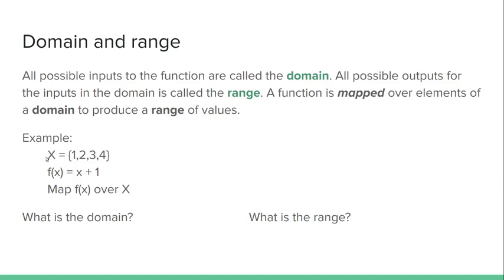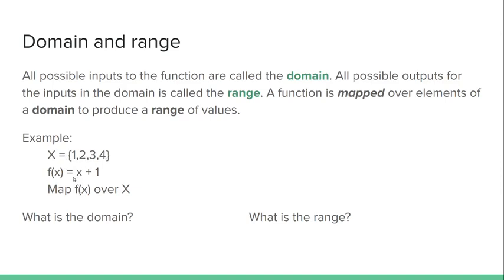We have some set of values labeled as capital X. So we have the values 1, 2, 3, and 4. And then we have a function defined as f of x equals x plus 1. And we're told that we're going to map f of x over the set X. What that means is we're going to apply this function x plus 1 to each of the values in this set of values X. So we'll apply it to 1 and 2 and 3 and 4.